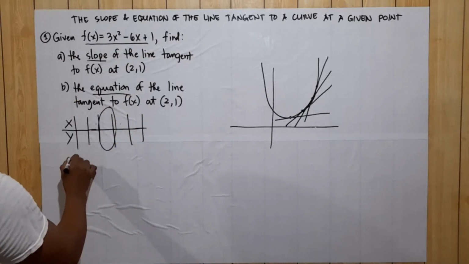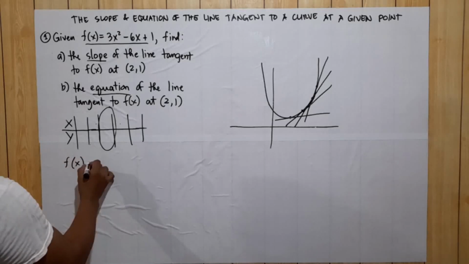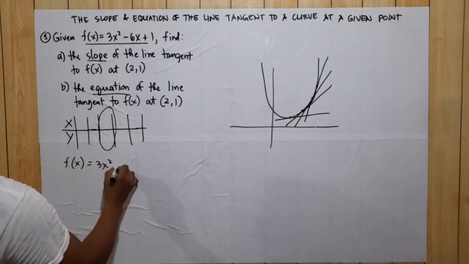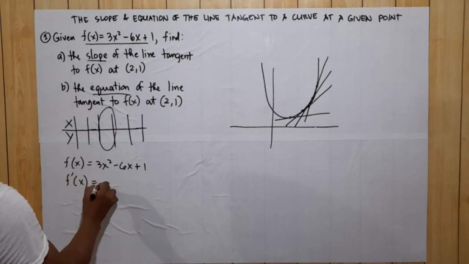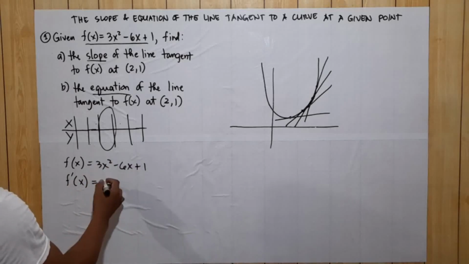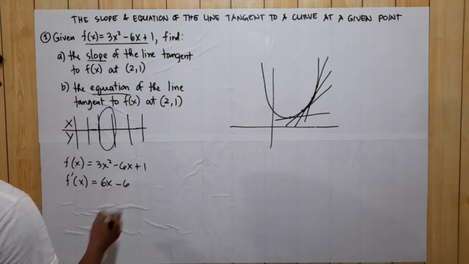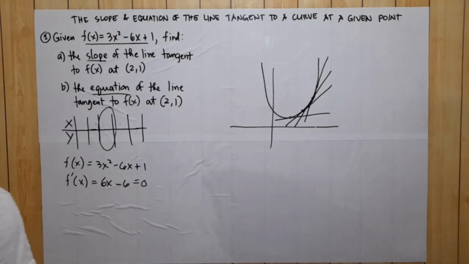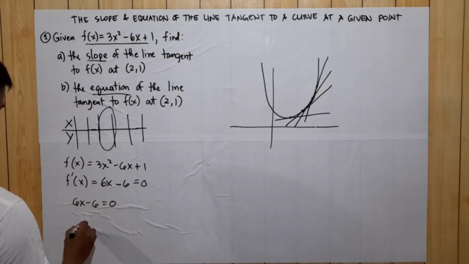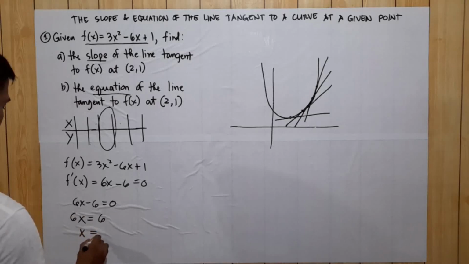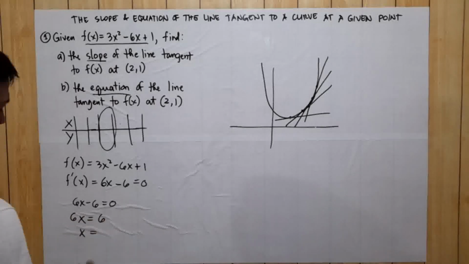Pag meron po tayong f of x is equal to 3x squared minus 6x plus 1, ang first derivative po yan, or f prime of x, is equal to, differentiating, 6x minus 6. Ngayon po, i-equate po natin yan sa 0. So, we have 6x minus 6 equals 0. That means 6x is equal to positive 6. Dividing both sides of the equation by 6, para ma-eliminate po itong 6 sa x na nakadikit, we have x is equal to 6 over 6, which is 1.